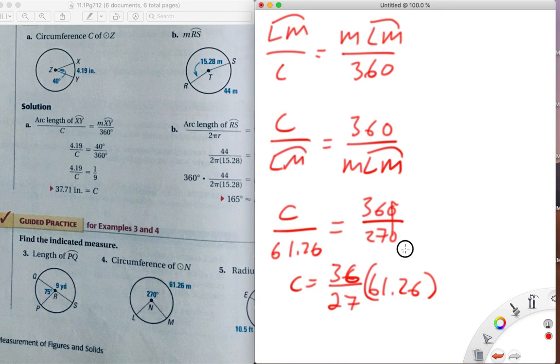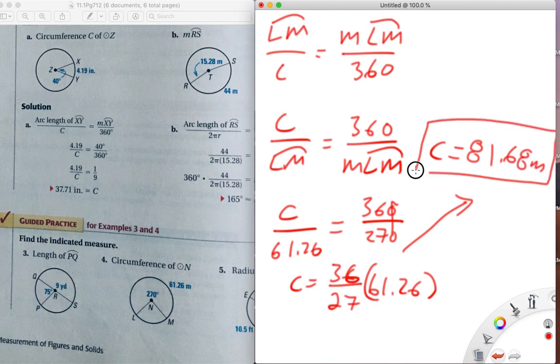So then I get that my circumference is approximately 81.68 meters. 81.68 meters. Okay.